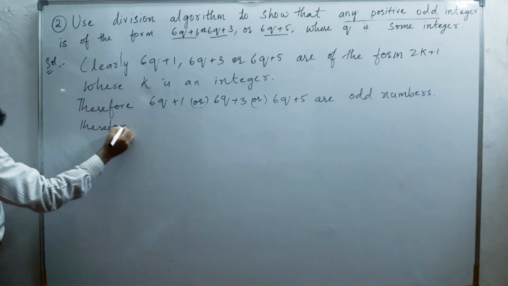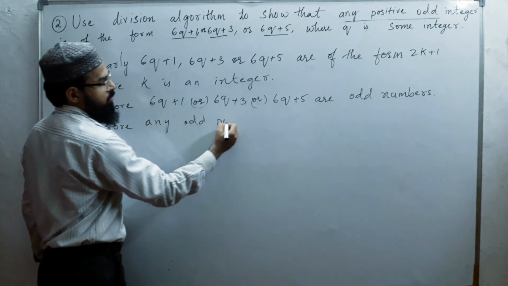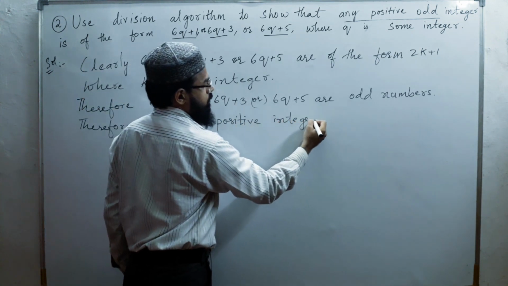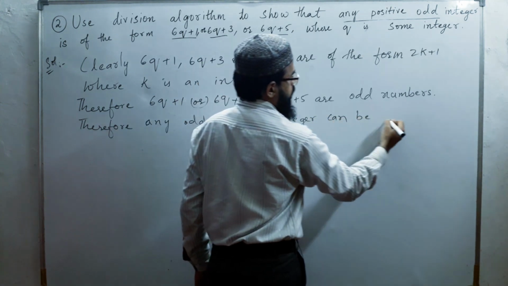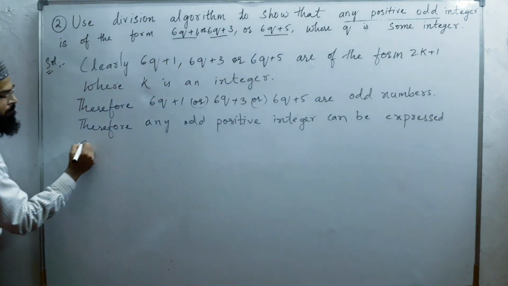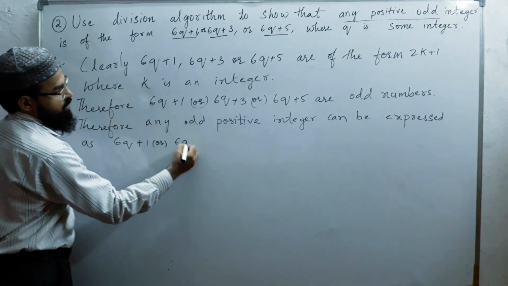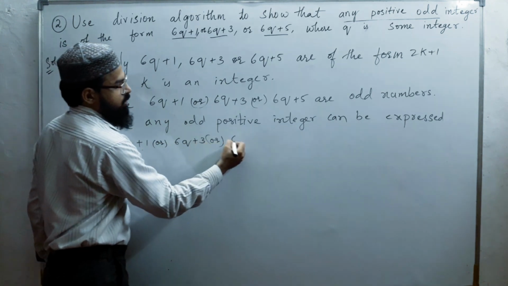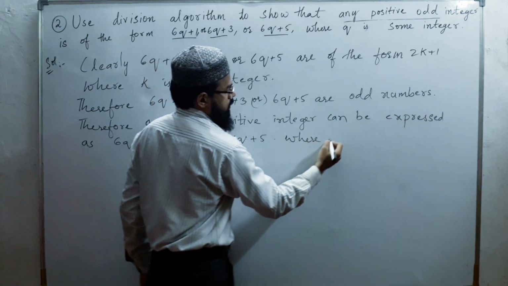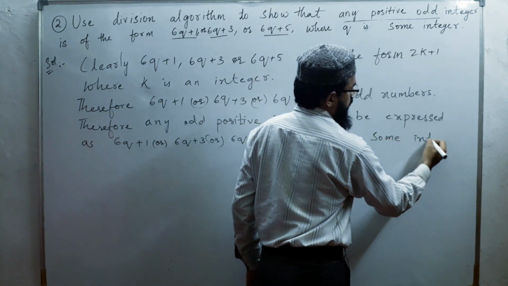Therefore, any odd positive integer can be expressed as 6q plus 1 or 6q plus 3 or 6q plus 5, where q is some integer.